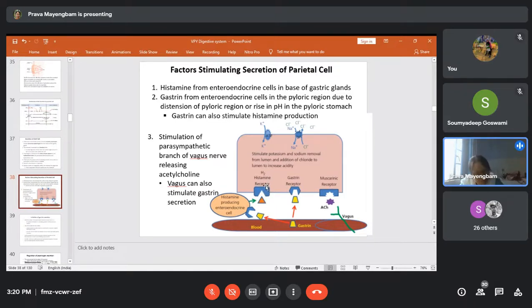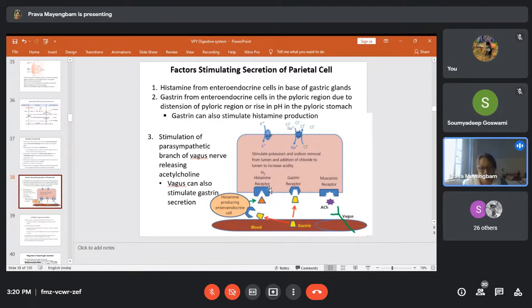I was telling about the two types of receptors. One is the H1 histamine receptor, and another is the H2 histamine receptor. The one associated with allergy is H1. The one associated with HCl secretion is the H2 receptor. So this histamine will bind to the H2 histamine receptor.